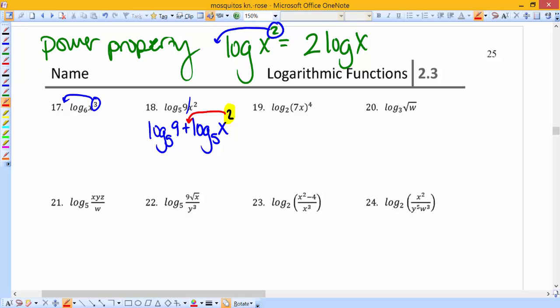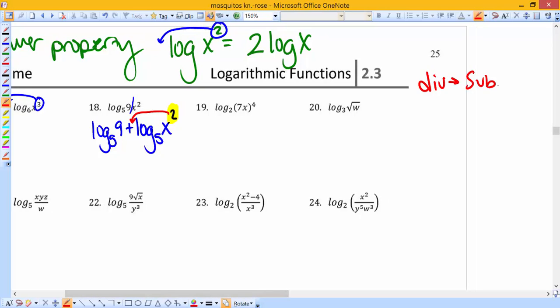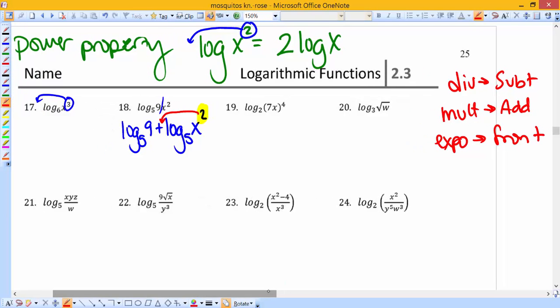When you see division, make sure you write it as subtraction. So division becomes subtraction. Multiplication is going to become addition. Exponents move to the front. A lot of properties that you guys need to be familiar with.